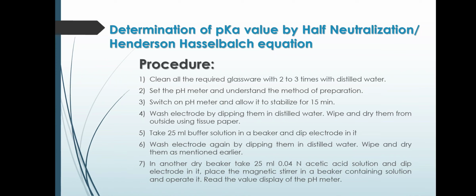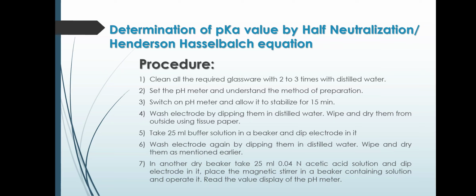Procedure: clean all the required glassware 2 to 3 times with distilled water. Set up the pH meter and understand the method of preparation. Switch on the pH meter and allow it to stabilize for 15 minutes. Wash the electrode by dipping it in distilled water.